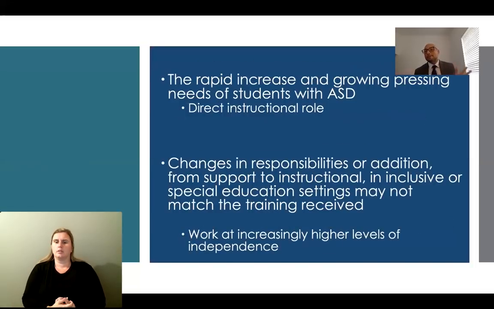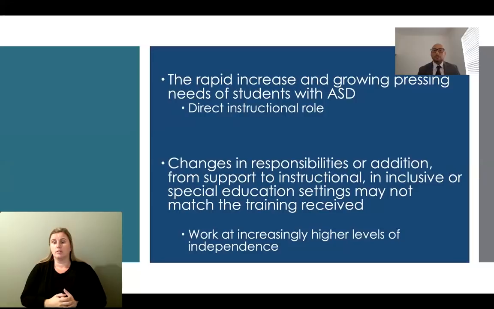So this rapid increase and the growing and pressing needs, considering also the critical issues that we're facing in our field, has led the field to place paraeducators in a direct instructional role, given that the literature has suggested that behavior analytic principles and technology can be rapidly trained and acquired by non-certified personnel.